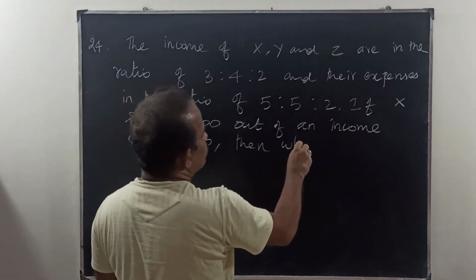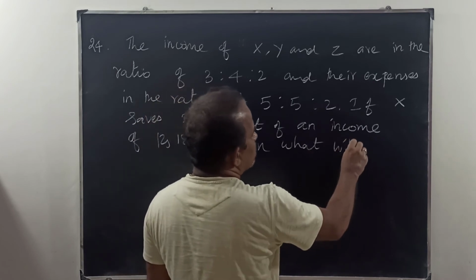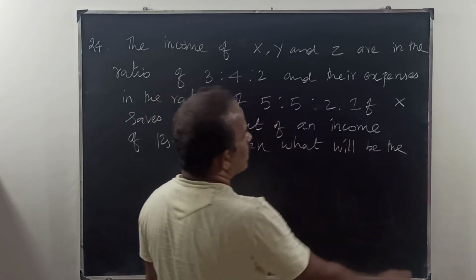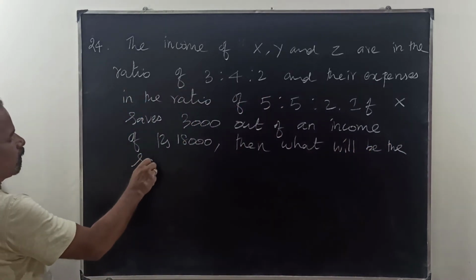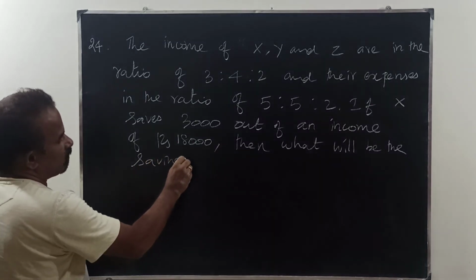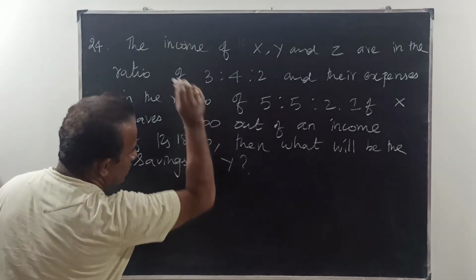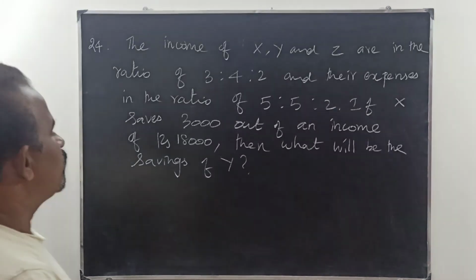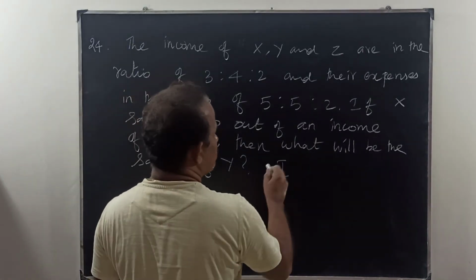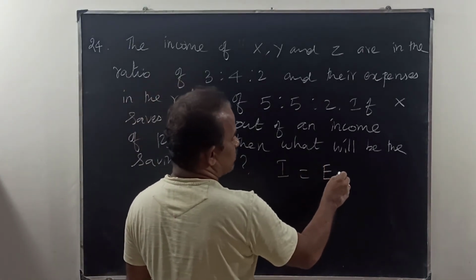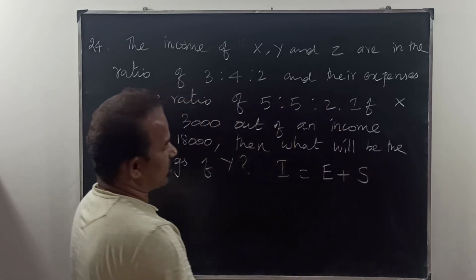What will be the savings of Y? Okay, we know that income is equal to expenditure plus savings.